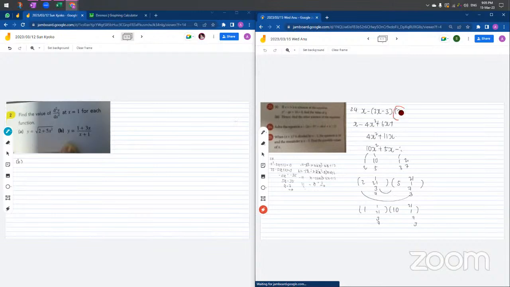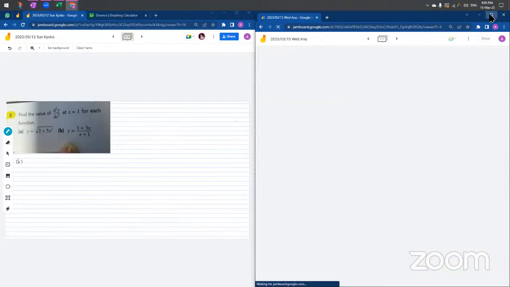Something is missing here and here. Sorry, what's going on there? What are the missing things here? Everything is missing here. What's going on here? Okay, you look at the screen share.